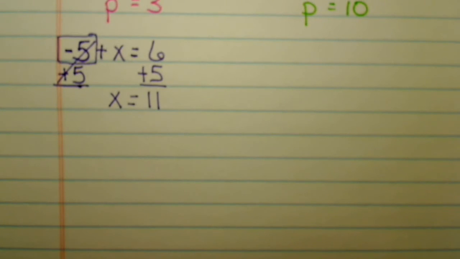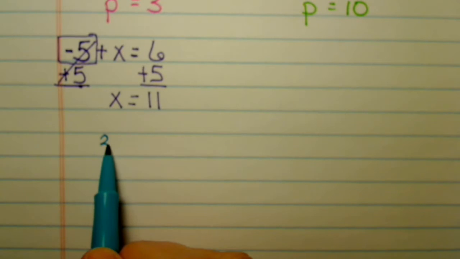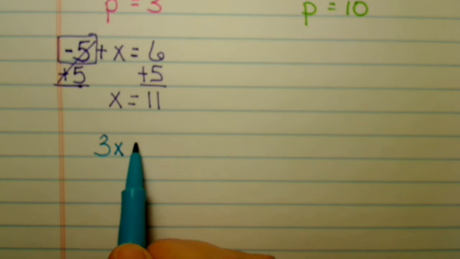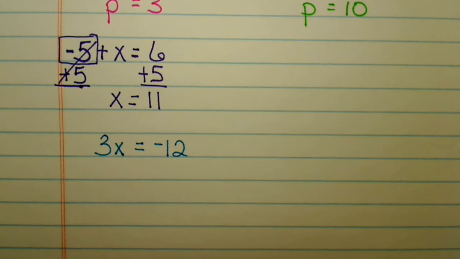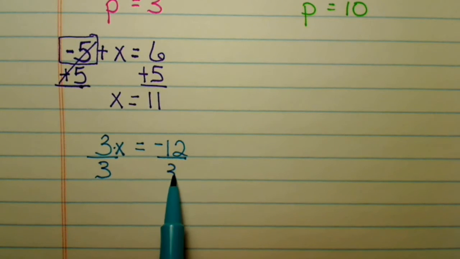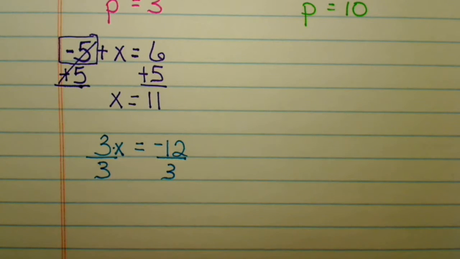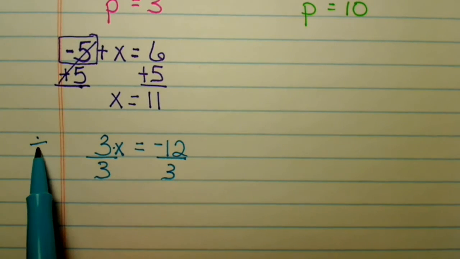All right, so let's look at a couple examples then, real quick, of the inverse of multiplication and division. The most common you're going to see would be if you had a multiplication like this and you want to do the inverse. This is 3 times x, so the inverse would be to divide. Now, class, when you divide, don't put the division sign like this.